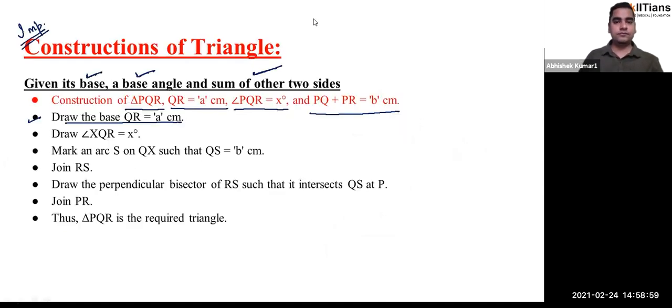All right. What does step number 2 say in this case? Step number 2 says that you have to draw angle XQR, which is equal to x degree. Sorry, PQR is equal to XQR only, not PQR. P we will mark later on. So that x degree can be any angle. It could be 45, it could be 60, it could be 75, any angle. But here we have taken a generic value to make you understand.